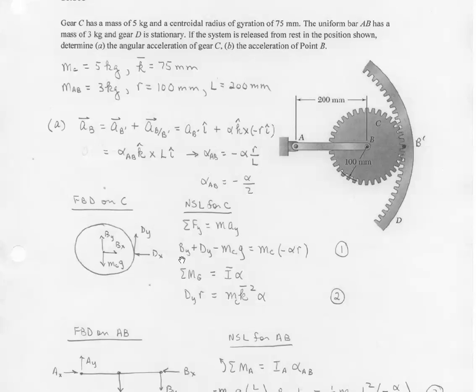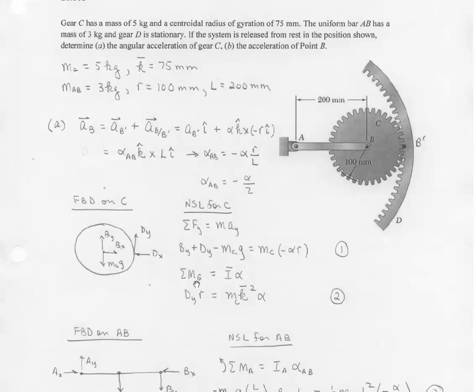So you have B y plus D y minus m sub C g equal to m sub C times the acceleration, which comes from alpha AB times L. But alpha AB times L is the same thing as minus alpha R, and so we plug that in.